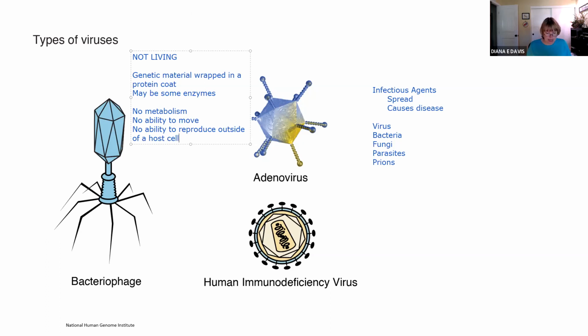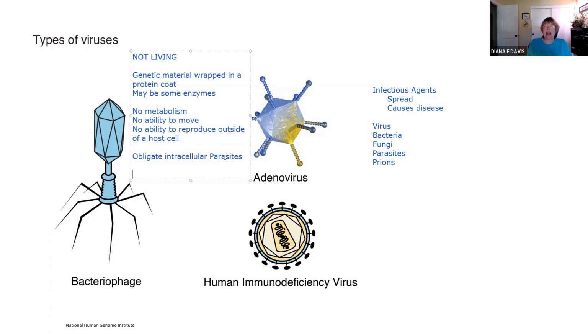We call these guys obligate intracellular parasites. Obligate means they have to be, that's required. Intra refers to inside. Cellular is the cell. So they have to be inside a cell. And we say they're parasites because they cannot survive outside of a host.